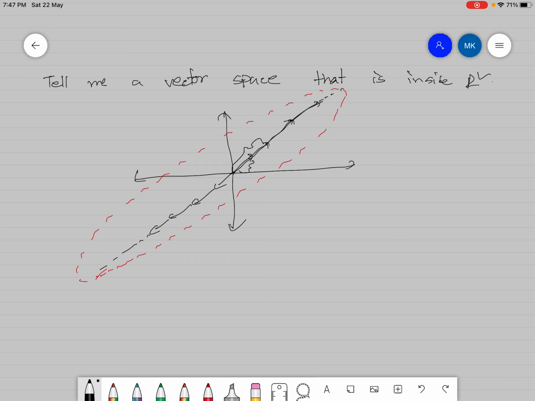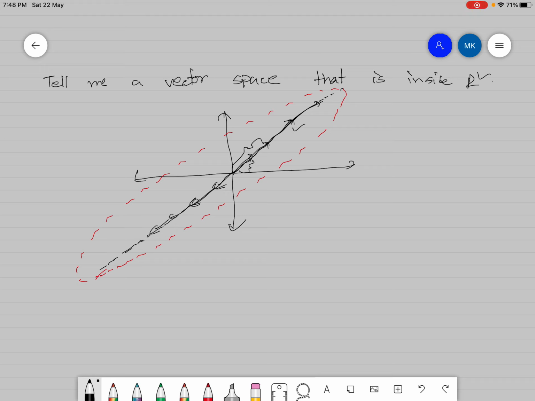That means you are staying inside that vector space, so no problem with that. And if you multiply any vector from this line with a negative scalar number, then you will be staying at the opposite direction.